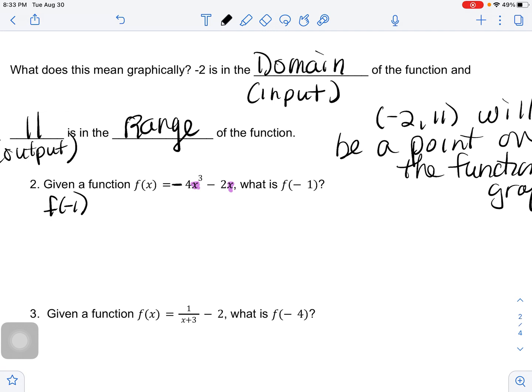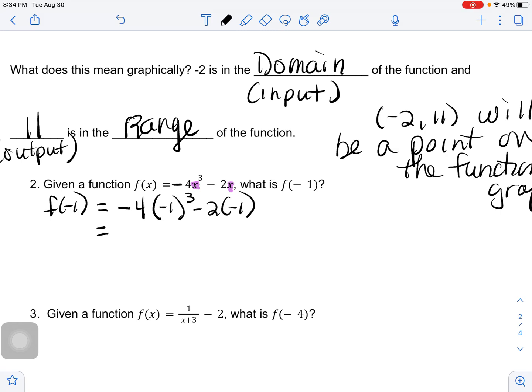When you replace a variable with a number, if that variable has an exponent on it, you must enclose the number in parentheses before you raise it to the indicated exponent. So -4 parentheses, -1 cubed. Please notice my use of parentheses. -2 times -1.